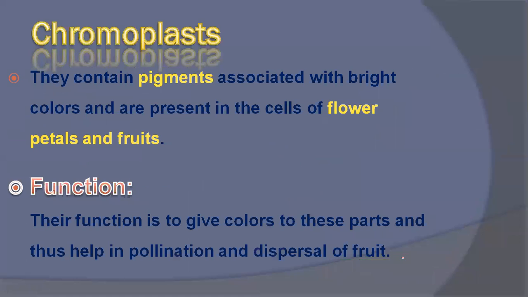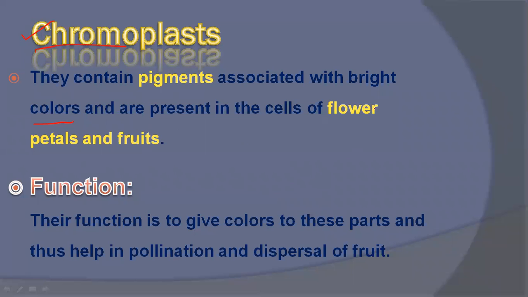Its function is photosynthesis. Let's talk about the other type of plastid, that is chromoplast. Chromo means colored. So these are the bodies which have colored pigments, and they are associated with bright colors. Where are the bright colors present in the plant?